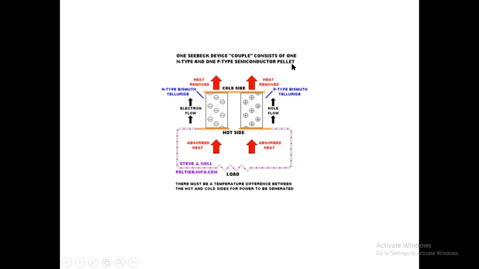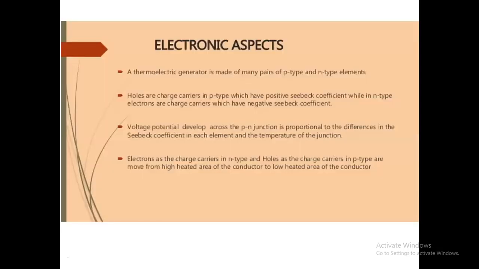We all know how to make n-type and p-type semiconductors using doping techniques, intrinsic doping and extrinsic doping, and how the electricity would be produced.